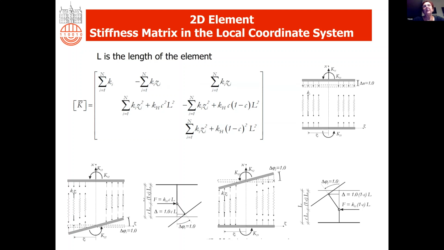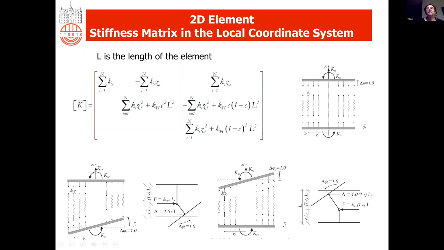So this is the stiffness matrix, which is defined in a local coordinate system represented here. The X-axis is in the direction of the wall, so it is typically vertical, and the Z-axis is used to define the location of these springs.